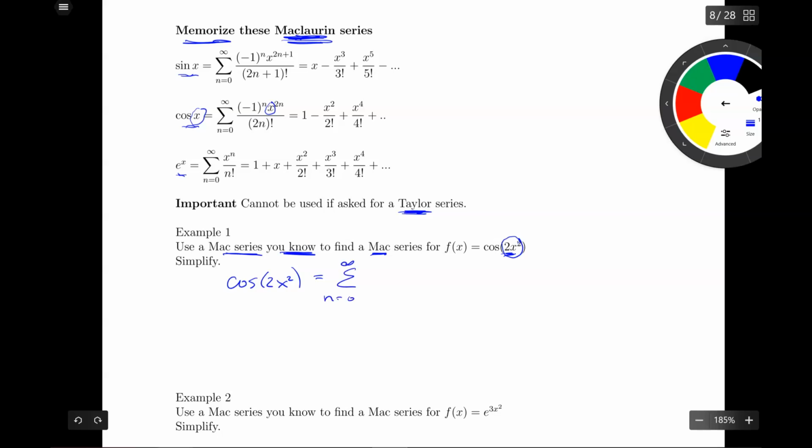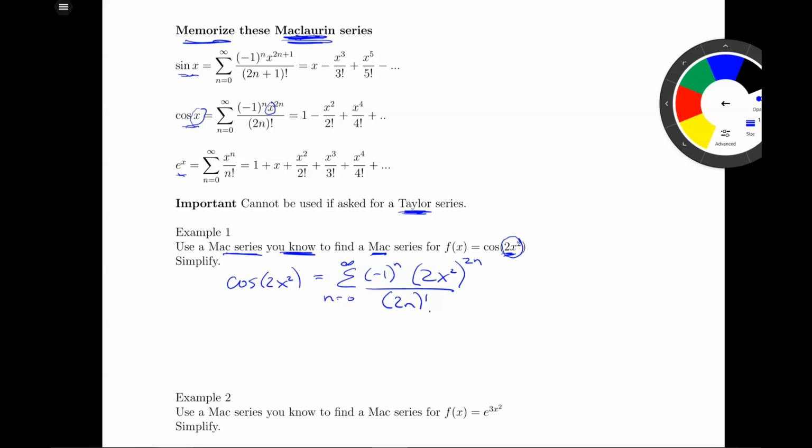Sum from 0 to infinity, carry along the -1 to the n, carry along the 2n factorial, and I'm replacing x with 2x squared, all to the 2n power.